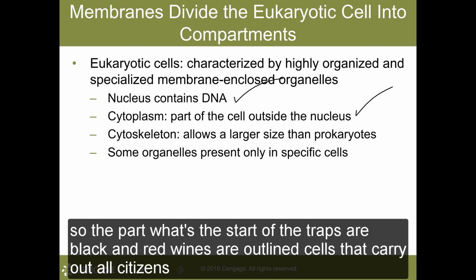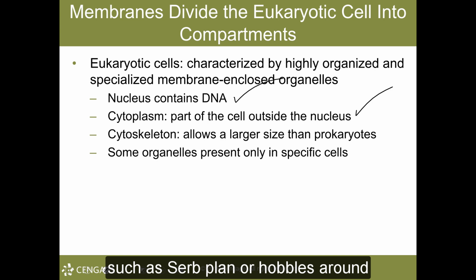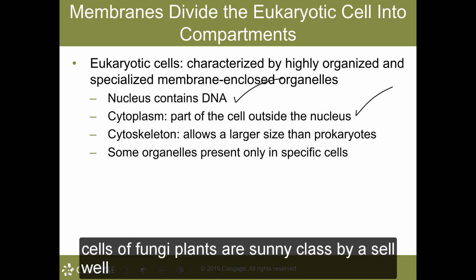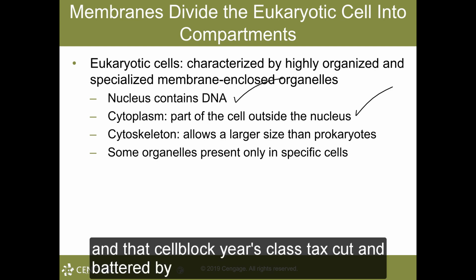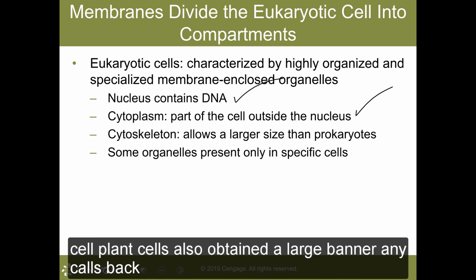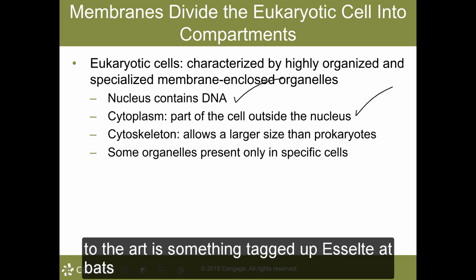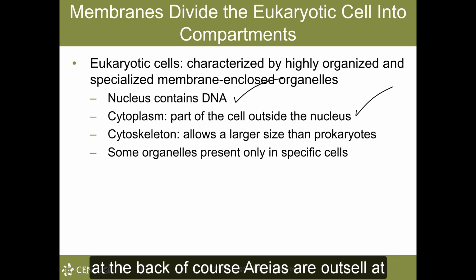Chloroplasts, the structures that trap sunlight for energy conversion, are only in cells that carry out photosynthesis, such as certain plant or algal cells. Cells of fungi and plants are surrounded by a cell wall, external to the plasma membrane. Plant cells also contain a large membrane-enclosed vacuole. So there are some things that are unique to certain cells, and only a certain type of cell has that structure.